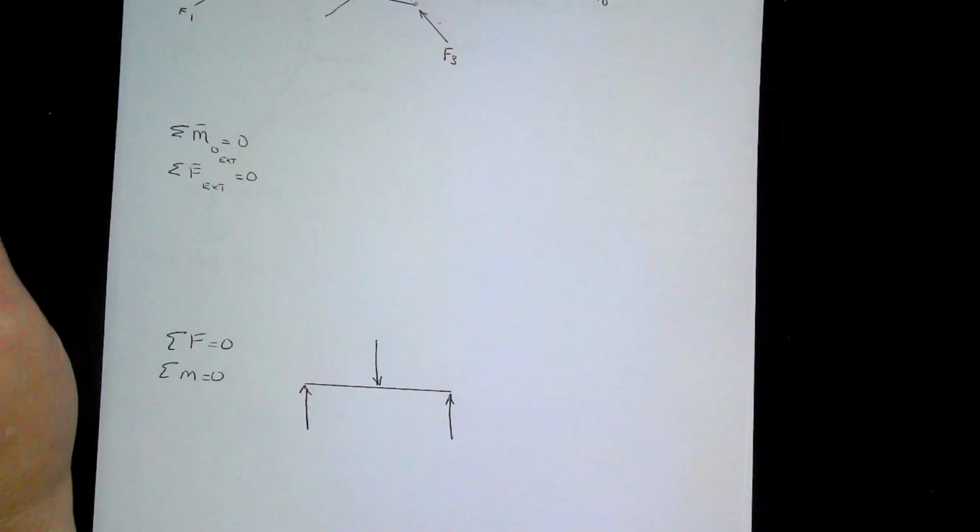So how can you use that? If you already have static equilibrium, and let's say you know two forces, that tells you the direction of the other force. These two, where do they connect? They connect here. Well, this third one, you know it's on a line from here to here.